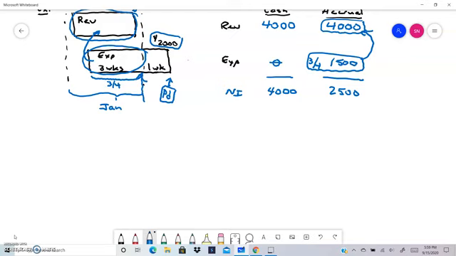So our adjusting journal entry at January 31st would be to debit salary expense for $1,500 and to credit salaries payable because we haven't paid that in cash.